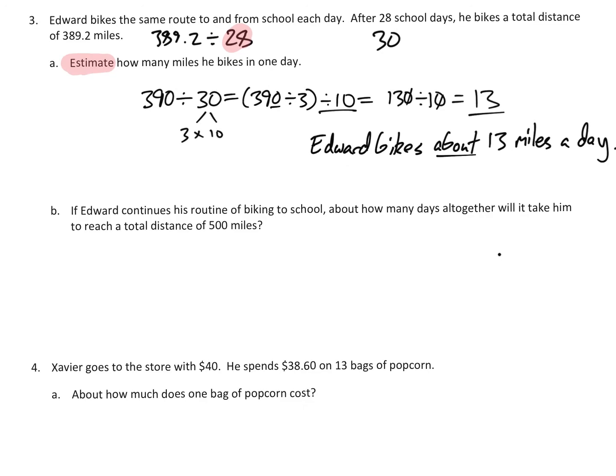Let's continue on. If Edward continues his routine of biking to school, about how many days altogether will it take him to reach a total distance of 500 miles? Okay, so we're going to have to use the information that we did up here, 13 miles a day. But I'm going to let you try to do this one by yourself. We're going to need to round. It says about.